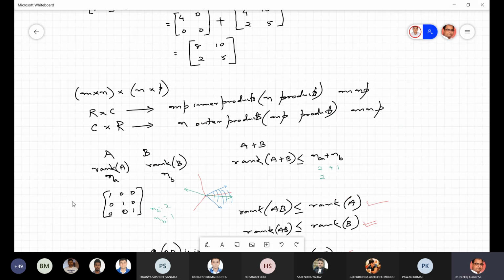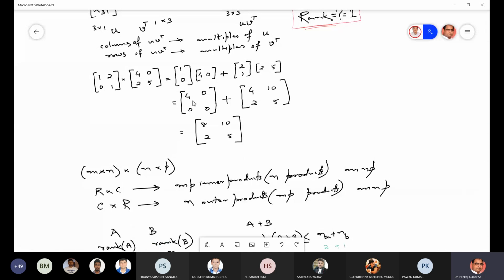Now, there are numerous possibilities here. If you have this kind of scenario of rank 1 matrices, the problems become tractable. You can easily find out which are the other rank 1 matrices or which are the other independent vectors that are multiples of the previous independent vectors.